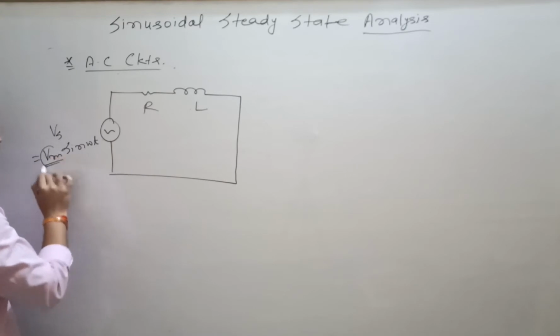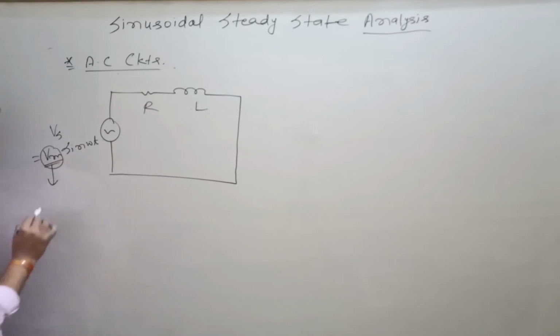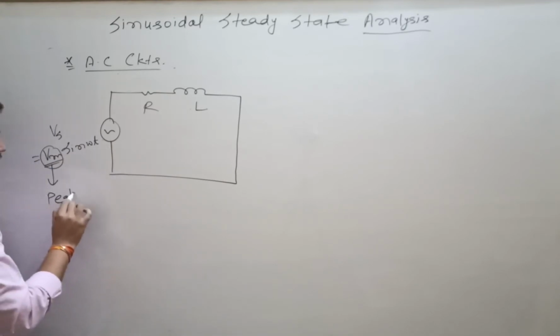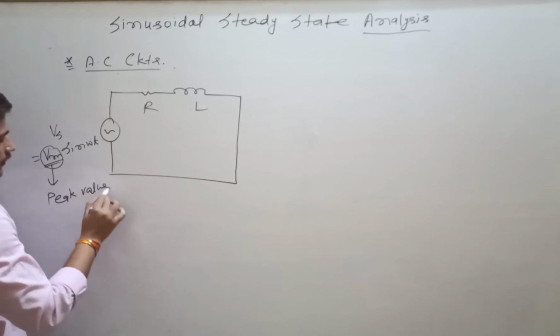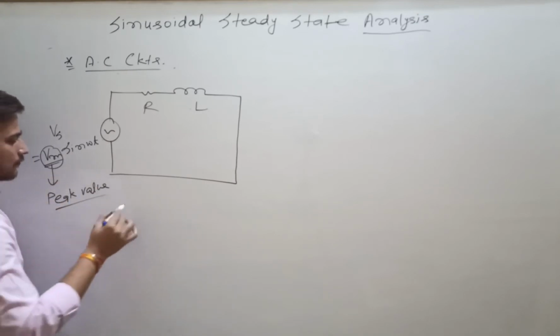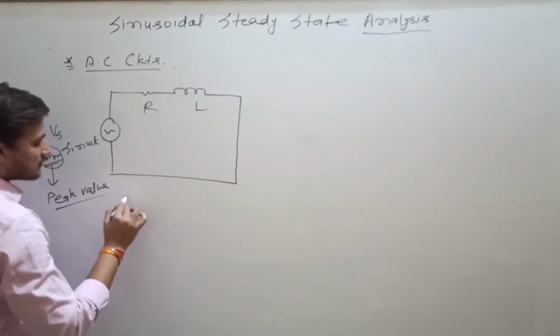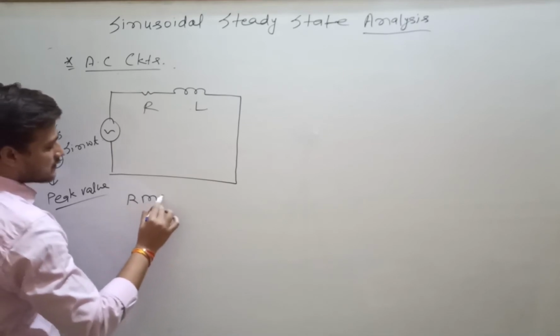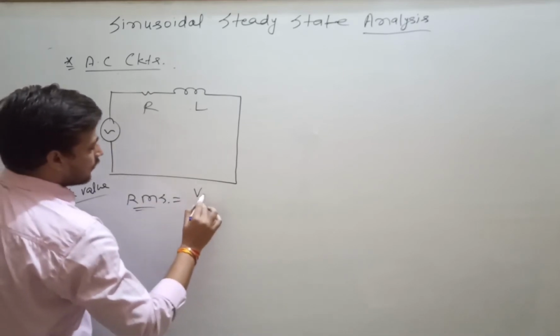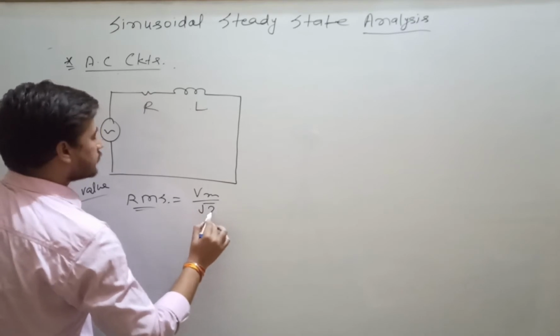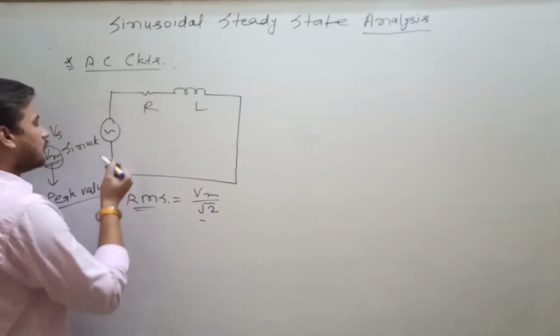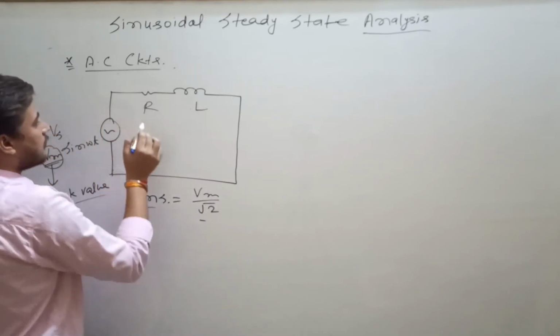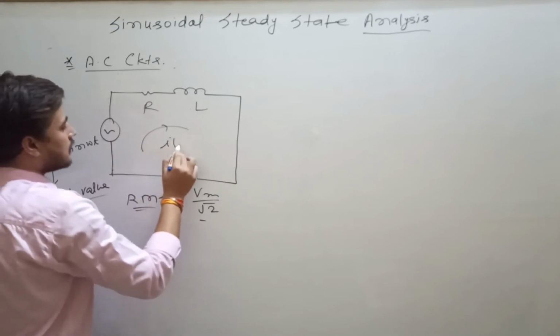Now what is Vm? Vm is the peak value. Now if you divide Vm by root 2, then you will get the RMS value. That means RMS value will be equal to Vm divided by root 2. Now what will happen? When you connect a supply, a current i(t) will start flowing in the circuit.